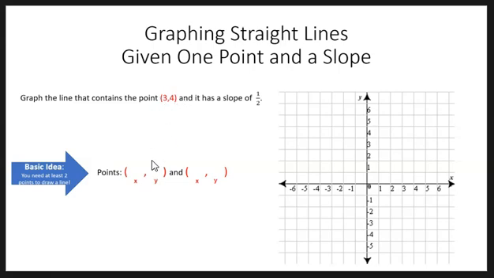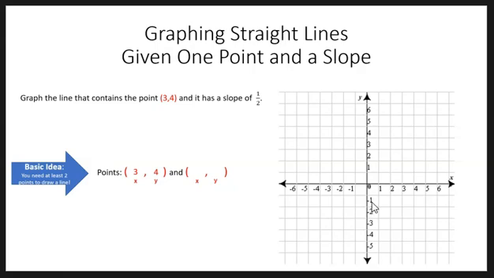So for my first point, the X coordinate is 3 and the Y coordinate is 4. However, I do not know the coordinates for my second point. But let's first plot the first point so I can tell you how you figure out the second point.